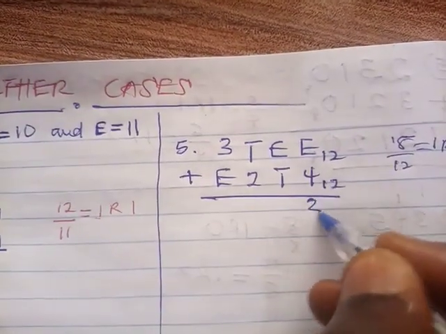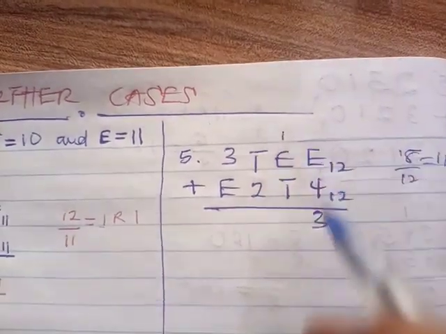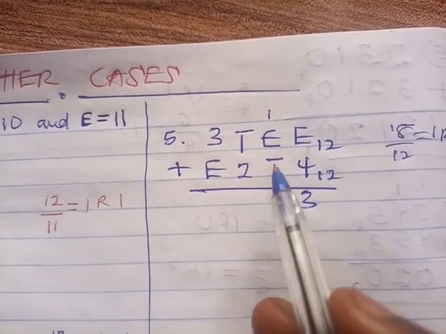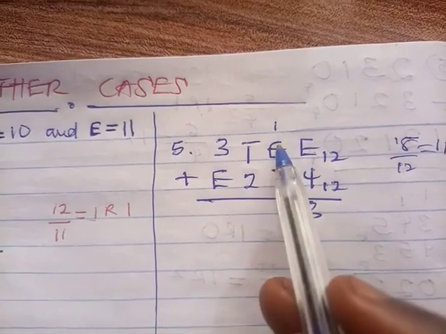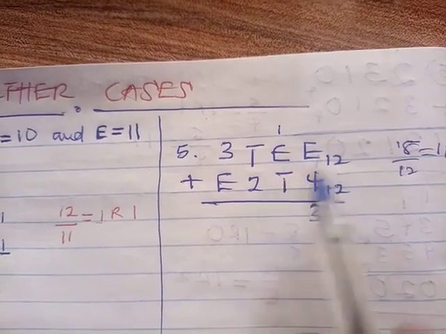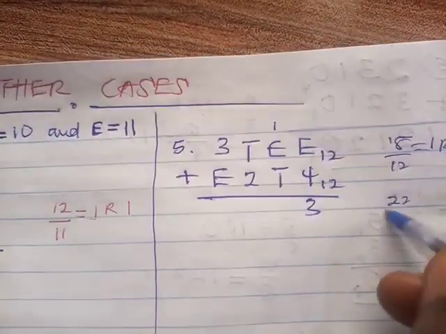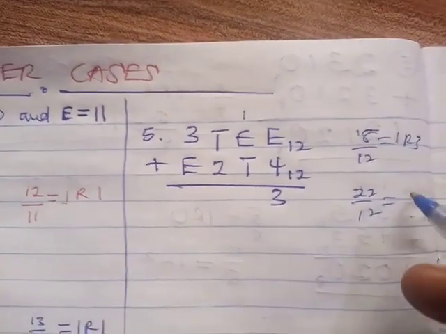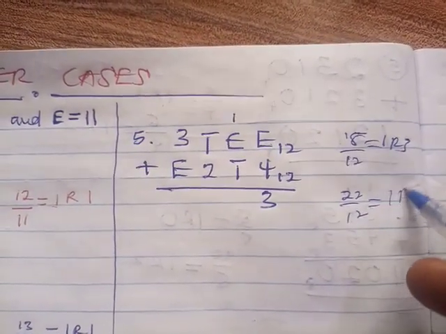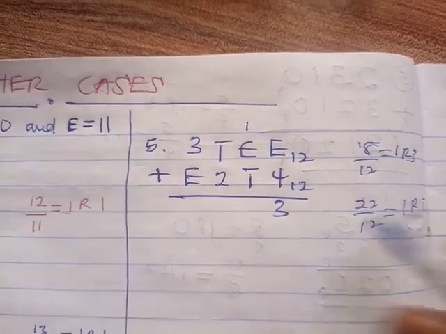So write 3 here, and the quotient 1 will be added here. 1 plus e plus t. That's 1 plus 11, which is 12, plus t is 22. So 22 on 12. That's 1, remainder 10. So that's t.